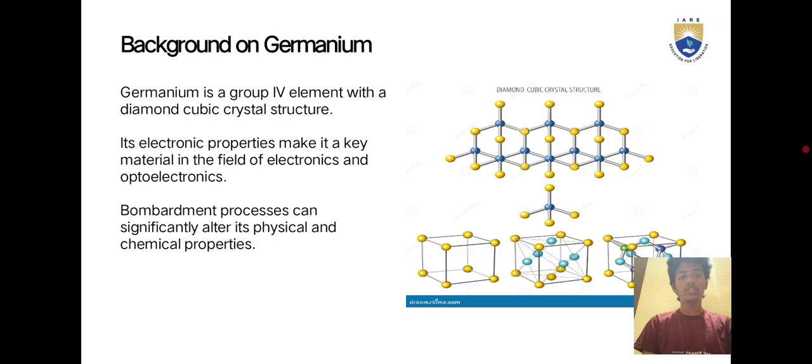The bombardment process can significantly alter its physical and chemical properties. You can see in the picture the crystal structure of germanium. This is about the background on the germanium element.